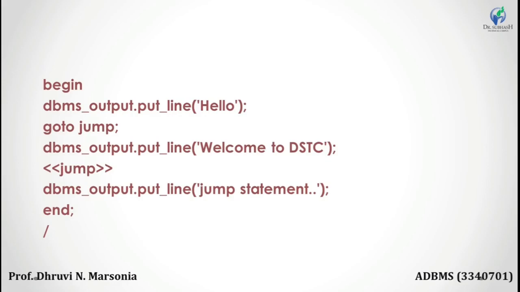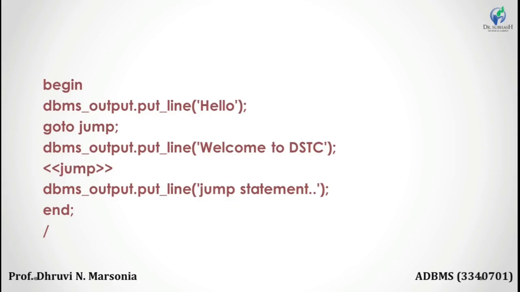After go to jump there is dbms underscore output dot put underscore line welcome to dstc, but before welcome to dstc I wrote go to jump, so my cursor automatically jumps to the jump statement, and after jump I write dbms underscore output dot put underscore line jump statement and end.